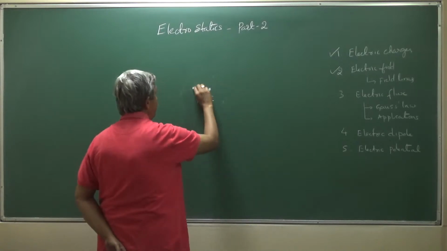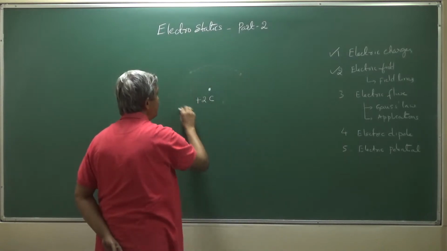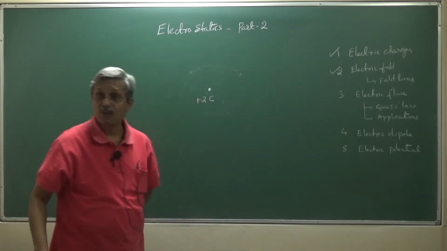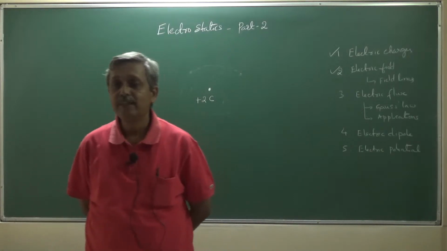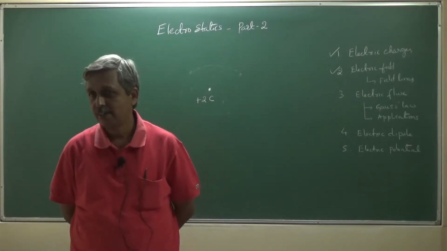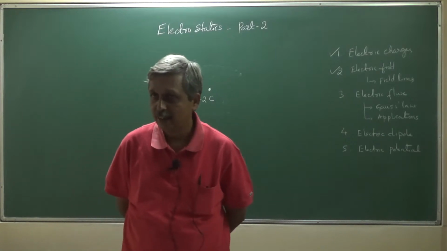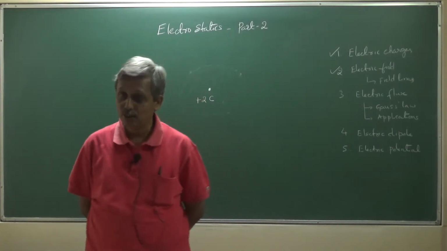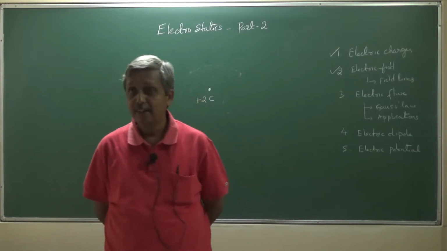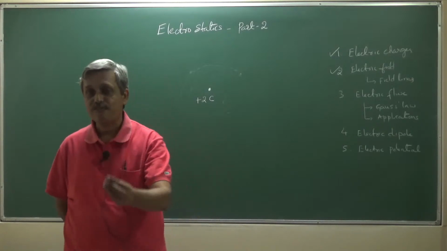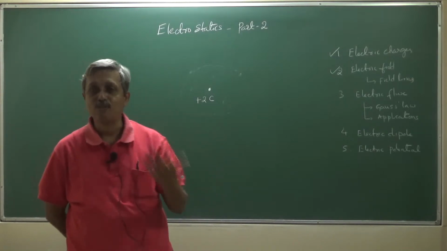But if you understand this as some kind of a cloud around the charge, then it is very difficult to solve the question. We need to understand it a little differently. So we said that electric field has to be understood as a kind of force. Electric field is primarily force.